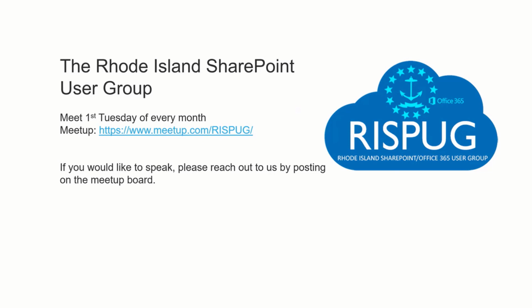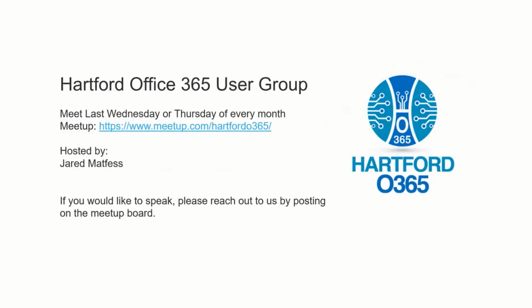All right, and then our traditional user groups. We've got the Rhode Island SharePoint user group. They meet on the first Tuesday of every month. You can check out their meetup page for joining information. We've got the Harvard Office 365 user group, and they meet the last Wednesday or Thursday of every month.